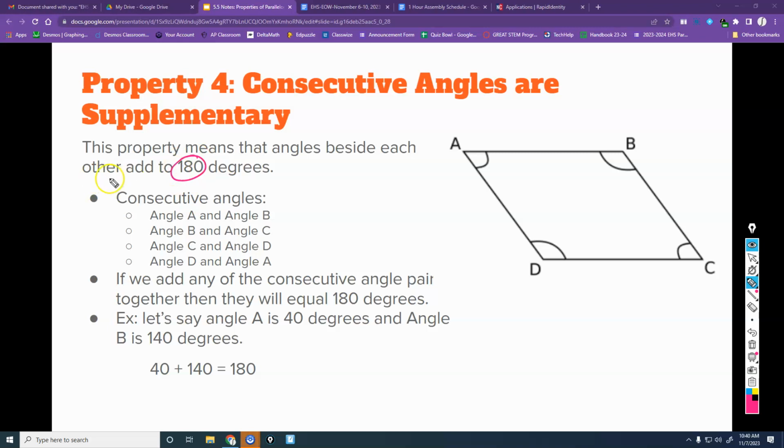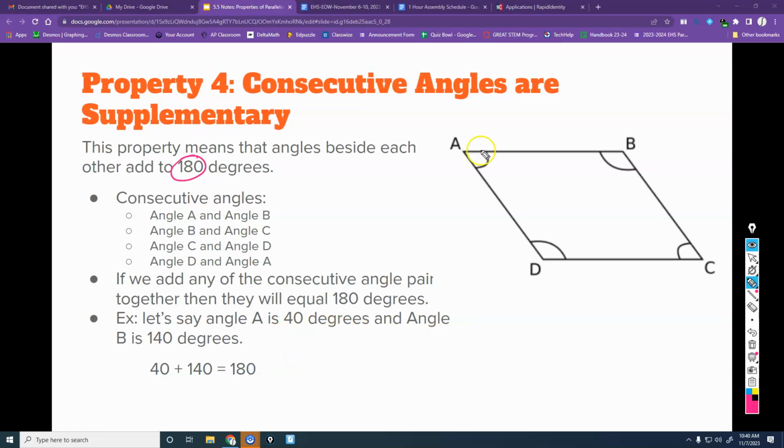For example, consecutive angles could be A and B. See how they share that same side right there. Or it could be B and C, or C and D, or A and D. So two angles that share the same side.